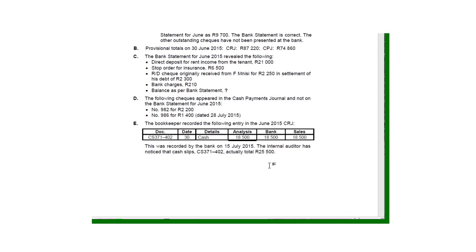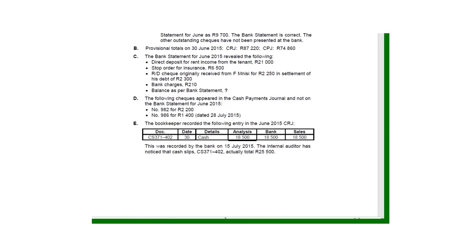What advice? All money must be deposited immediately. And I would say segregation of duties. The person receiving the money must not be the same as the person banking the money.